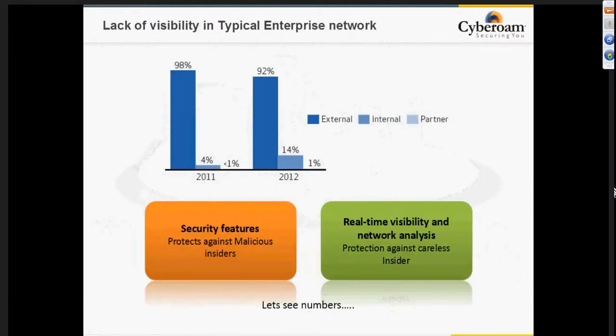So let us understand the lack of visibility in these networks. We have a short statistic on this slide where we can see that in the year 2011, most of the attacks were from external users, comprising 98%. 4% came from internal users, and then there are trusted users, your partners, vendors, and customers, who connect back and also access the resources.